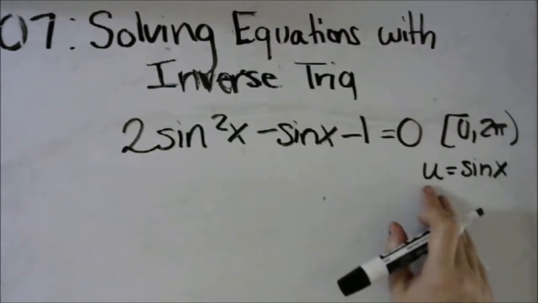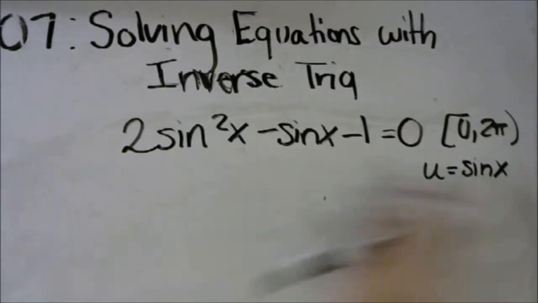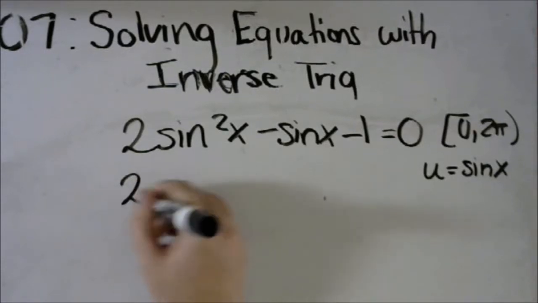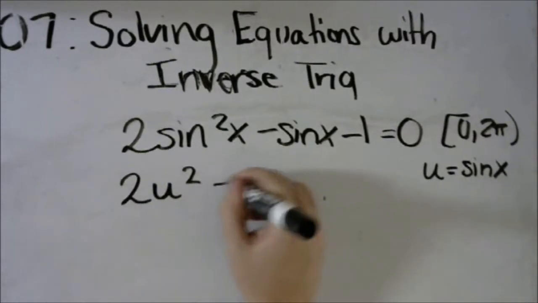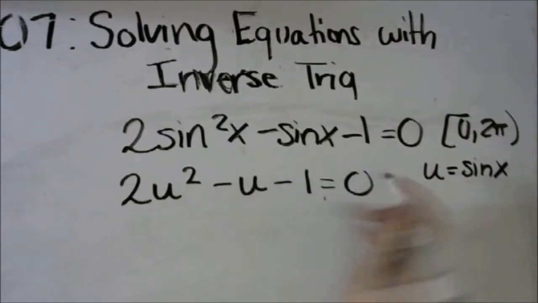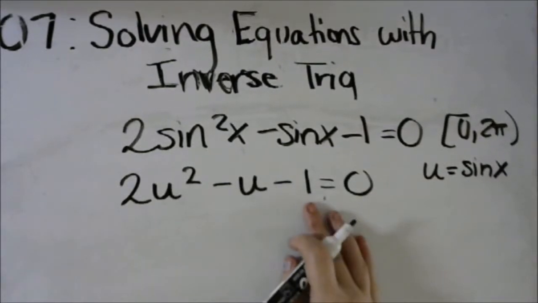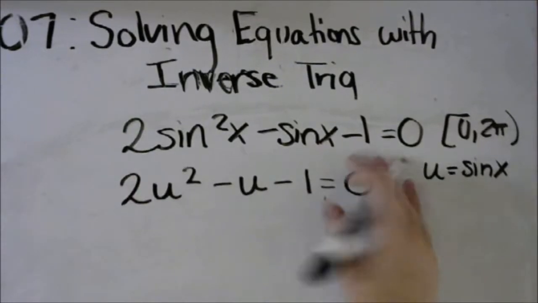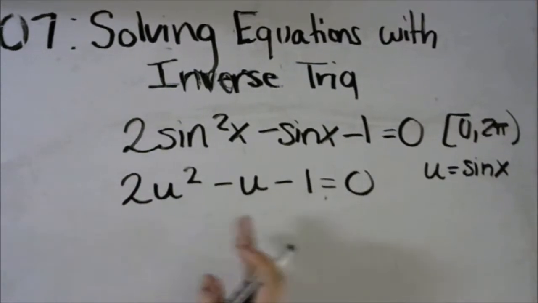So let's say u is equal to sine x. That means this equation is 2u squared minus u minus 1. This expression may be simpler to factor than this expression, and that's where u substitution is generally used.